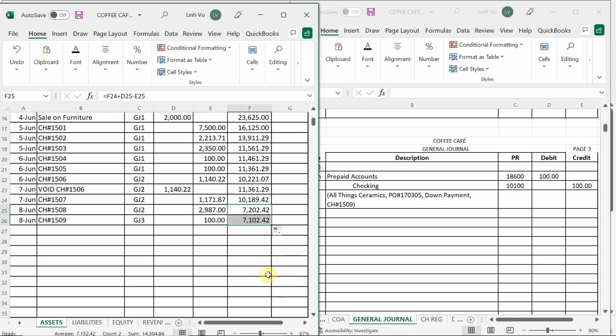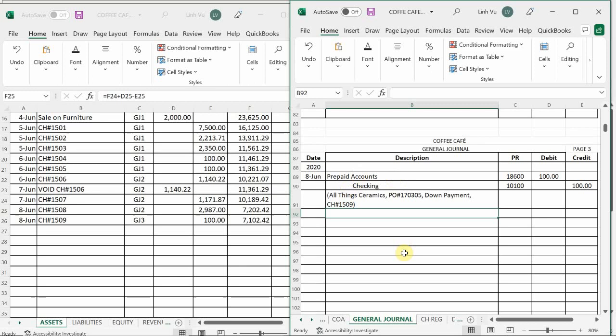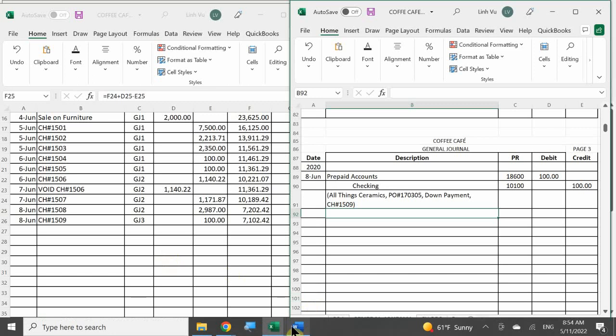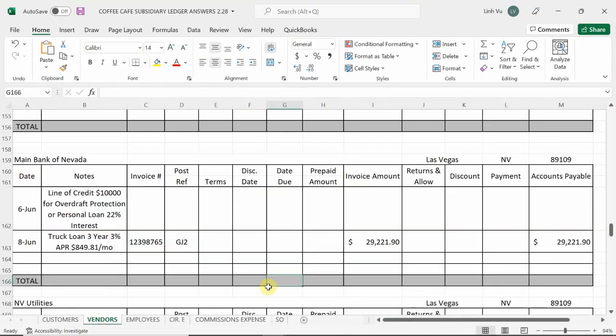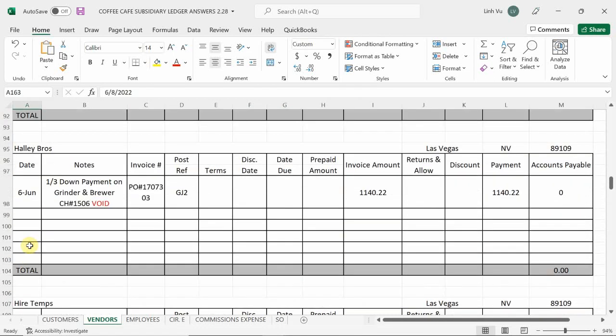So now I should go from 7,202.42 to 7,102.42. Okay? So now that I finished my journal and plugging into my ledger, I can update my subsidiary ledger to keep a record that I made a down payment to All Things Ceramics, so that means they owe me services.